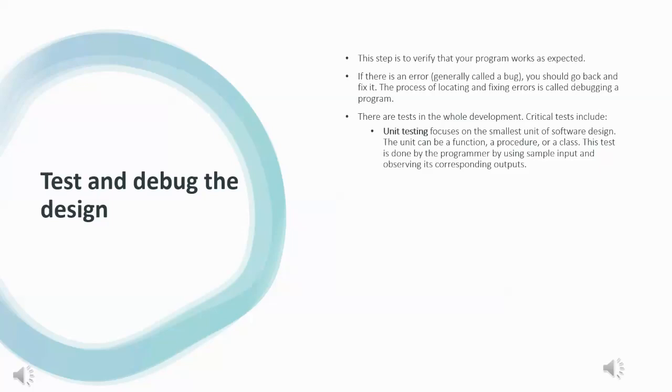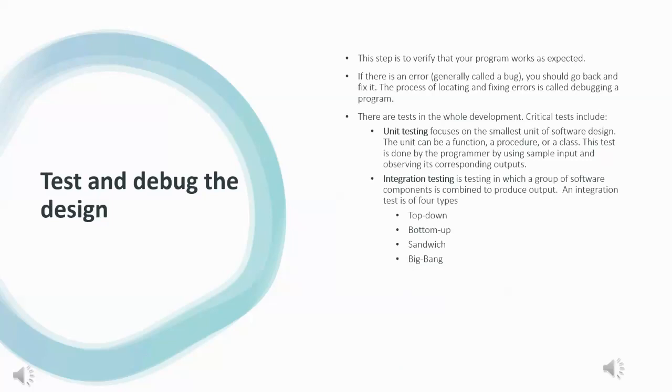The unit can be a function, a procedure, or a class. This test is done by the programmer by using sample input and observing its corresponding outputs. Integration testing is testing in which a group of software components is combined to produce output.